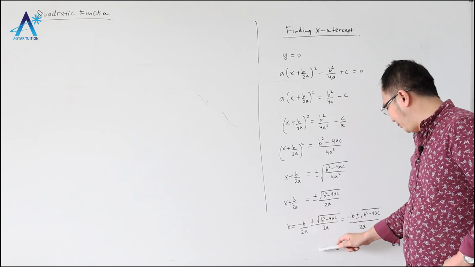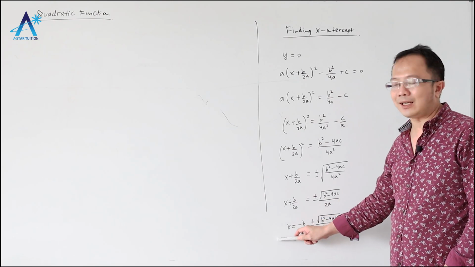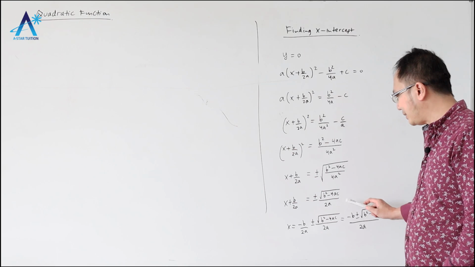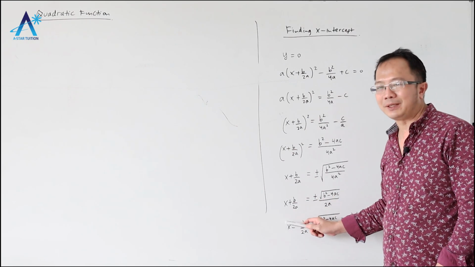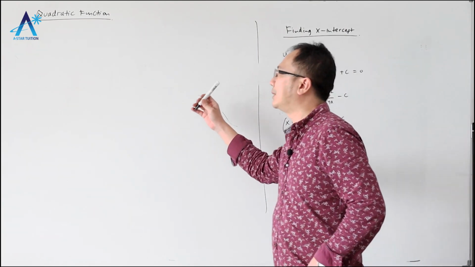Okay, so this is the formula for finding the x-intercept from the general quadratic function. Please take note of this because we will use it repeatedly throughout this chapter.